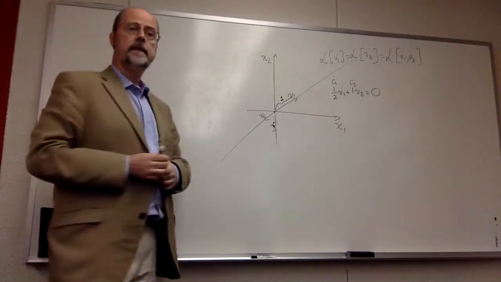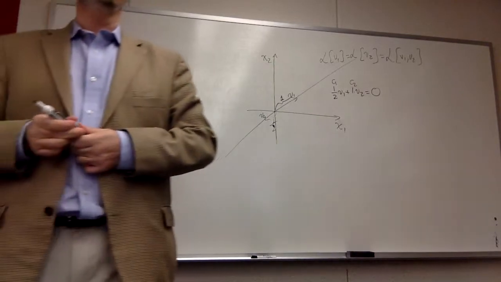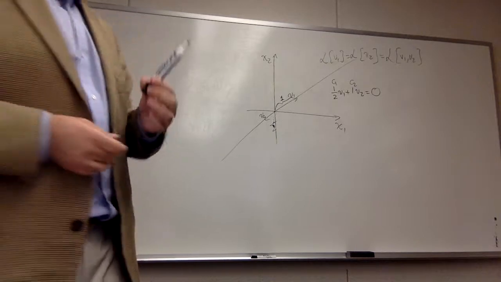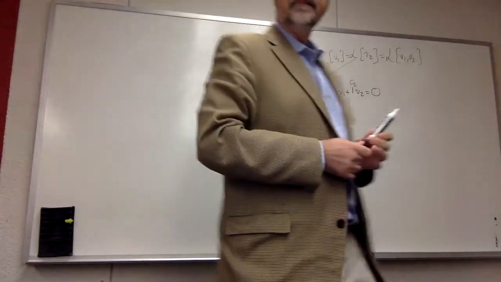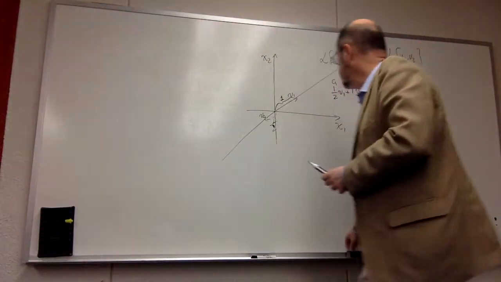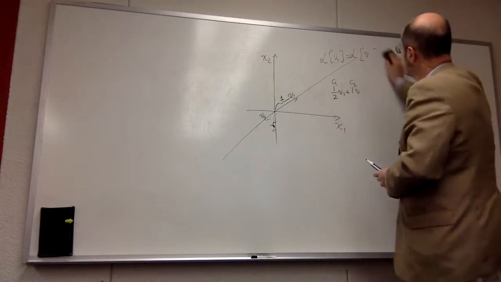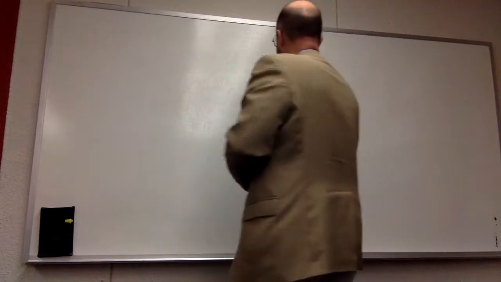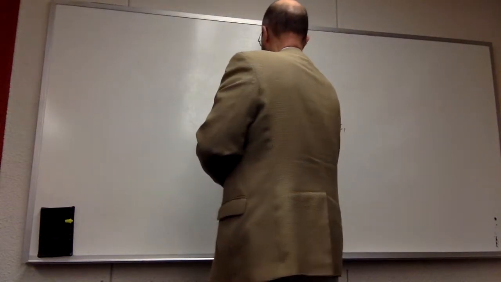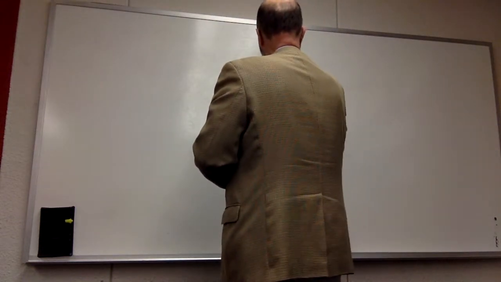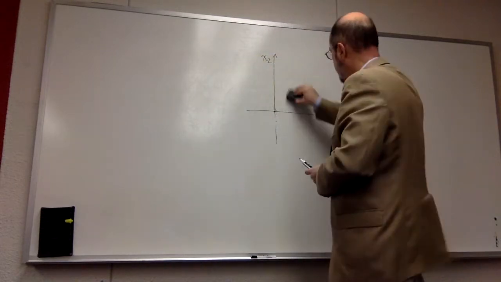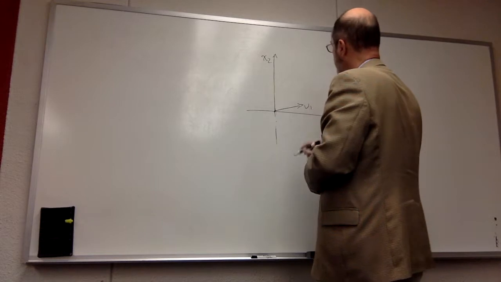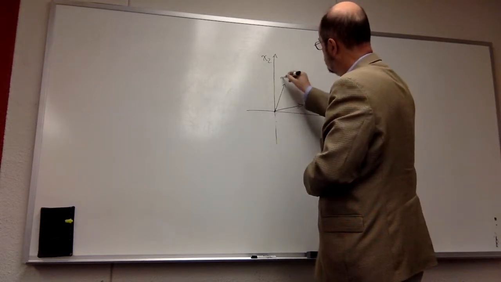Could I do it if they were not on the same line in R2? Well, no, I can't. Let me illustrate that. Let me delete this, and try to keep the axes, however. I have to draw them again and again. So here's V1, and let's say here's V2.